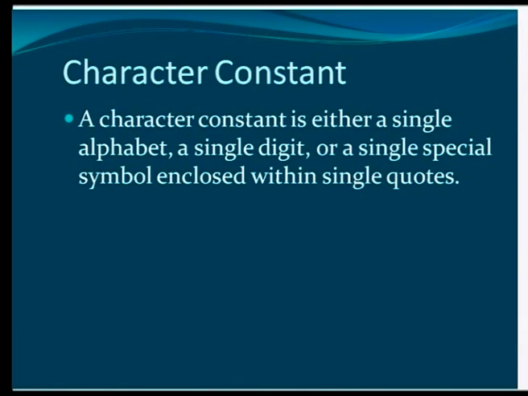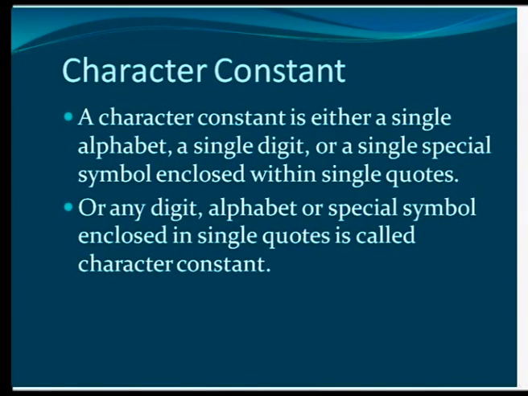What are character constants? A character constant is either a single alphabet or a single digit or a single special symbol enclosed within single quotes, or any digit, alphabet or special symbol enclosed in single quote is called character constant.